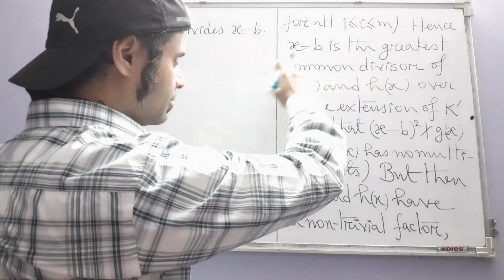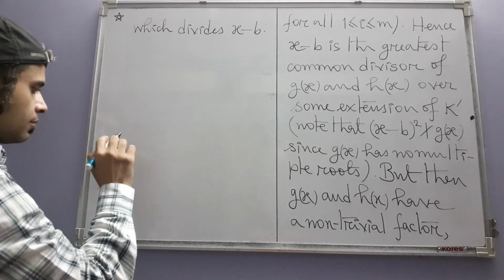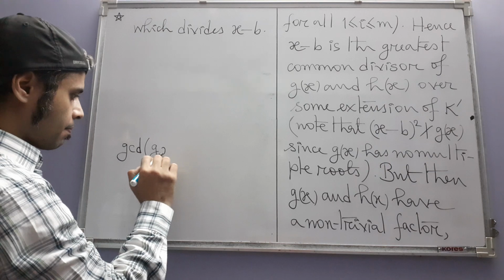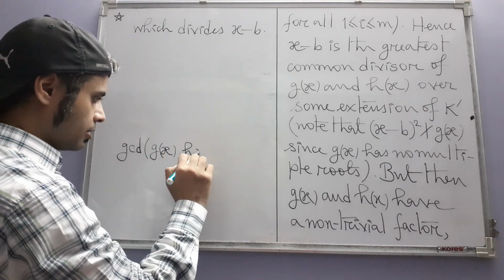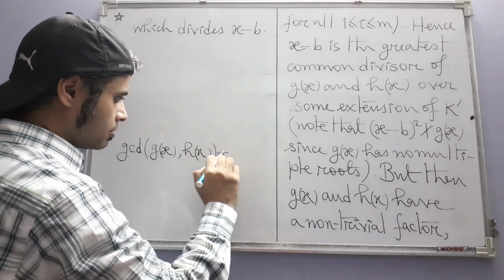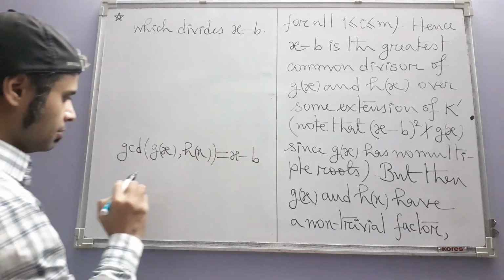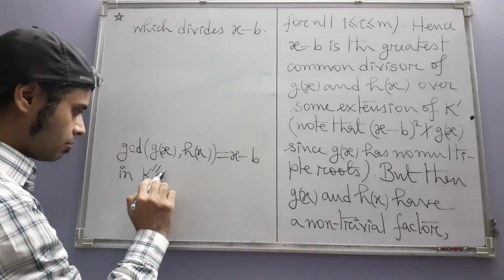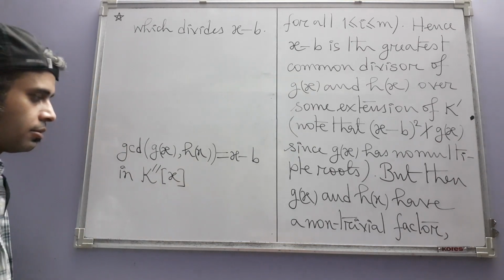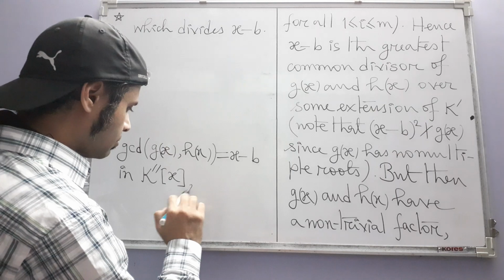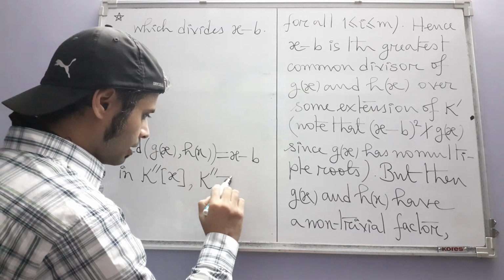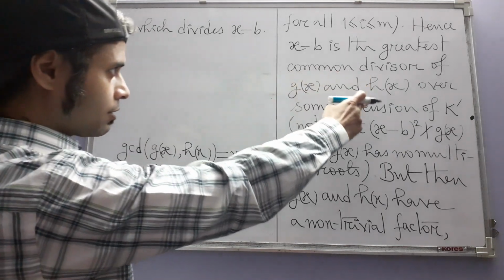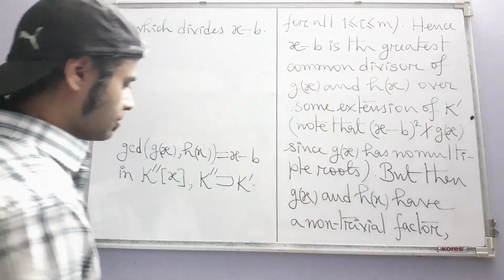Let's write this condition first. The GCD of gx and hx is x minus b in some polynomial ring k double prime, where k double prime is an extension of k prime. In fact, it's that extension that we are talking about here, in some extension of k prime.